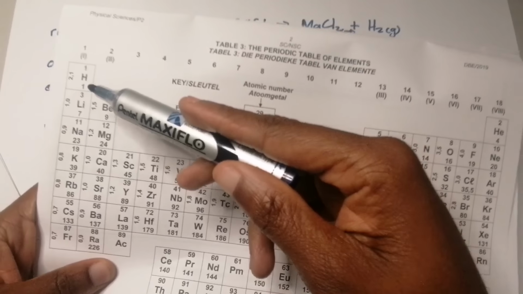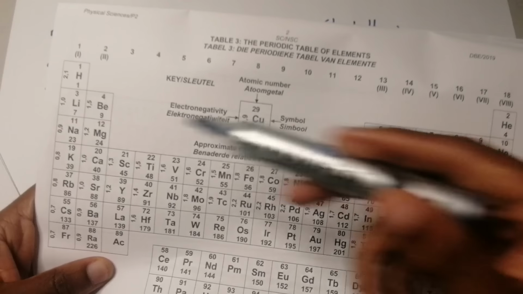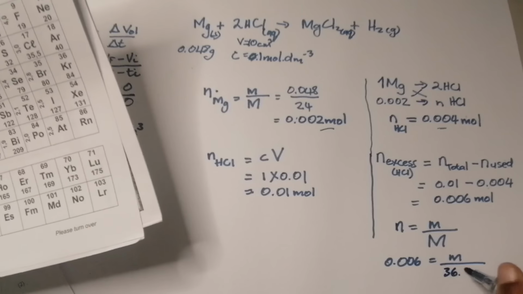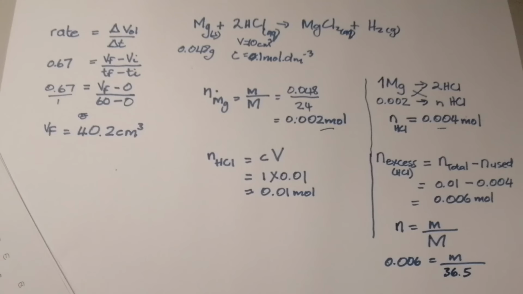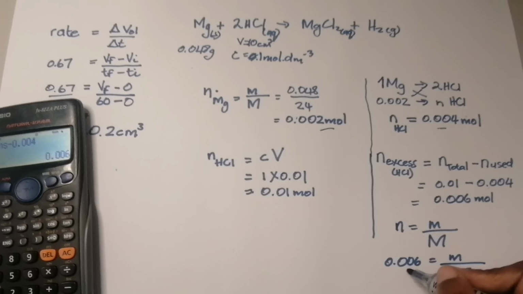That's hydrogen. And chlorine there is 35.5. So it's 1 plus 35.5, which is 36.5. Okay, right? So in this case, we're going to say 0.06 cross multiply there, times 36.5, and we get 0.219.